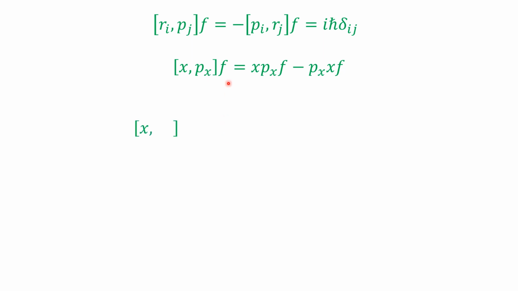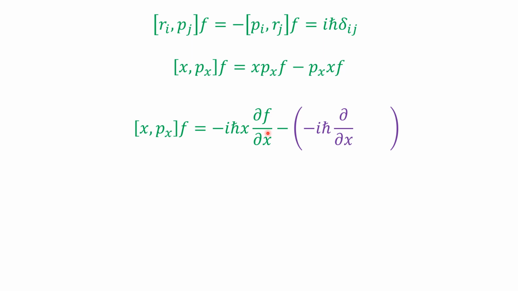Then this above equation will become the first term minus I h cross, because p is equal to minus I h cross delta over delta x, of course, you have f here. Then next minus I h cross. Here I am replacing px, which is equal to minus I h cross delta over delta x. Here I have shown in violet color.